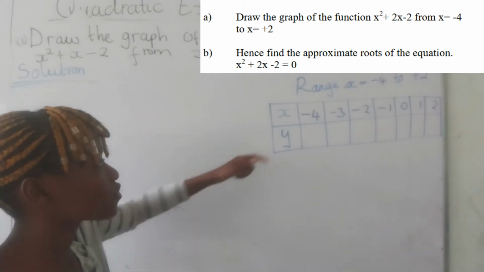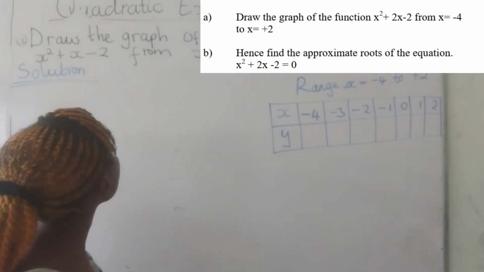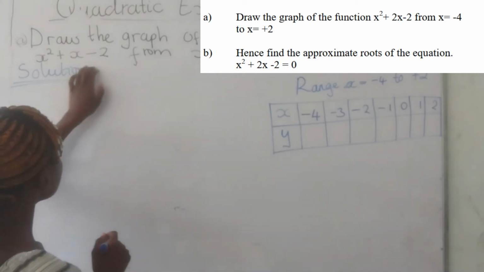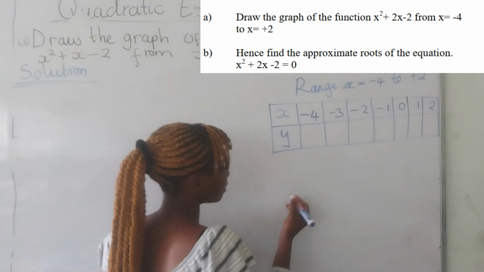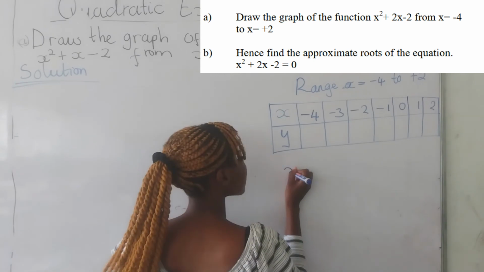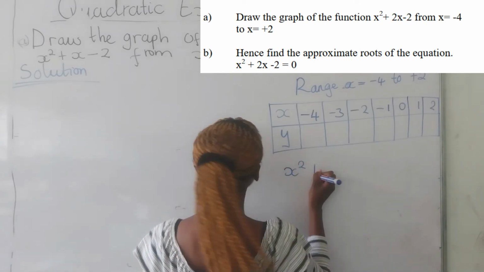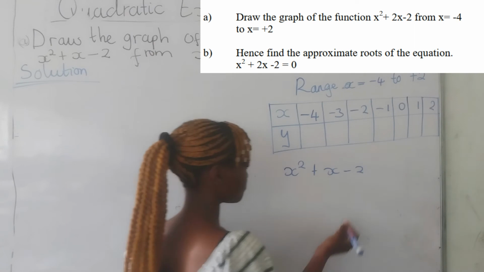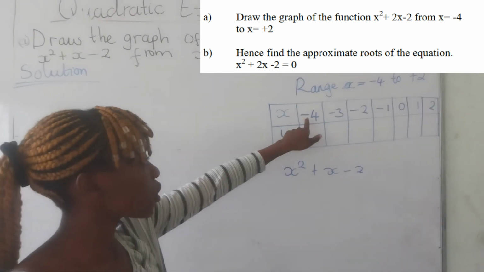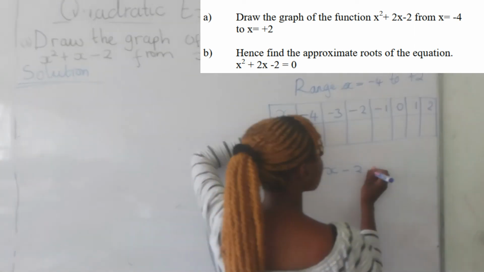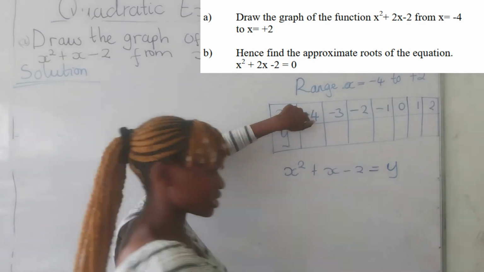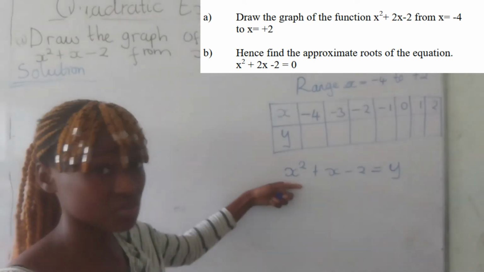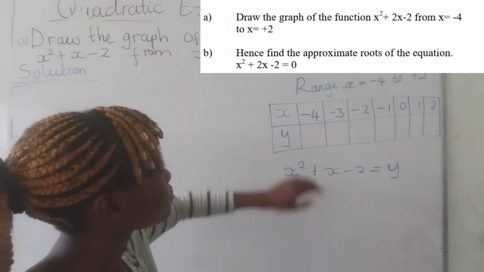Now, what do you do for your y? For this question, it reads y equals x squared plus x minus 2. They just don't write the y, but this is how it really is.